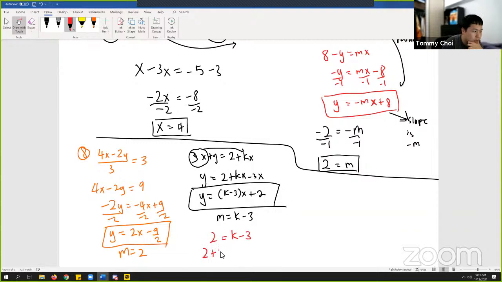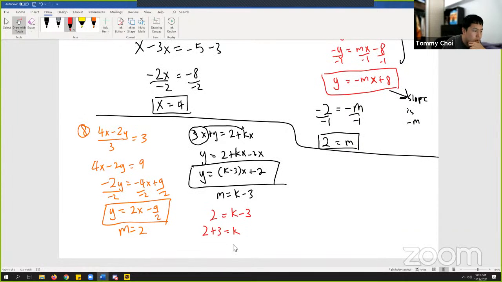You should get 2 plus 3 is k, so 5 is equal to k. Just like that. So the hardest part about this is understanding I can do kx minus 3x and turn that into k minus 3. Right? That's the hardest part.